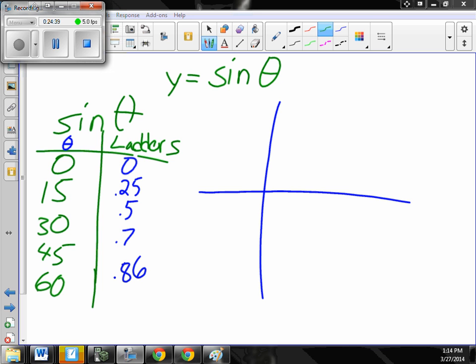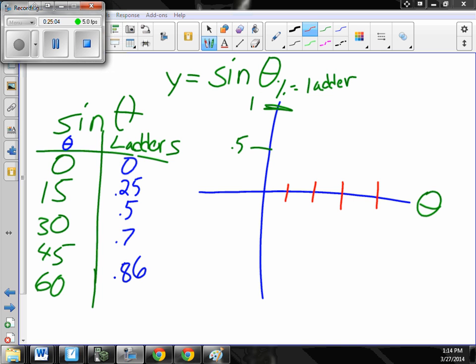So we've worked out the y-axis. So this is going to be theta, and this is going to be percentages, which is actually in terms of a ladder. So say my ladder's that long, that's 1, 0.5, and so on. But how long is a degree? Well, if I say that this is 15, 30, 45, 60, then my graph's going to look like this.